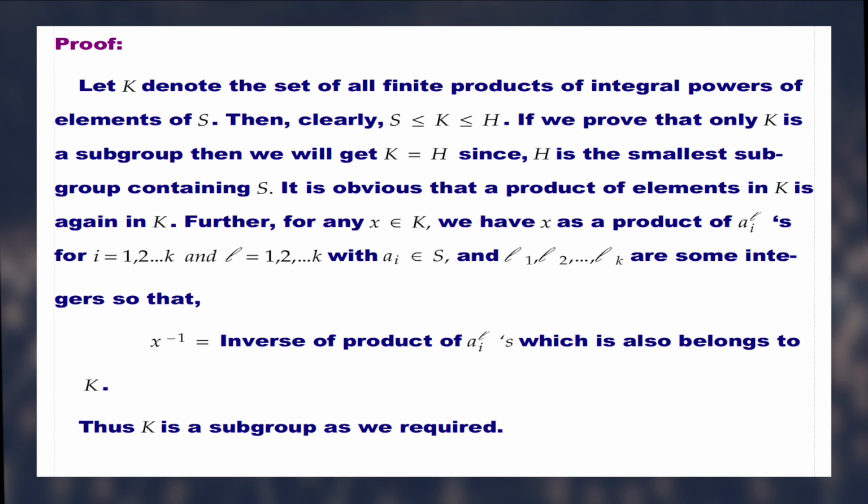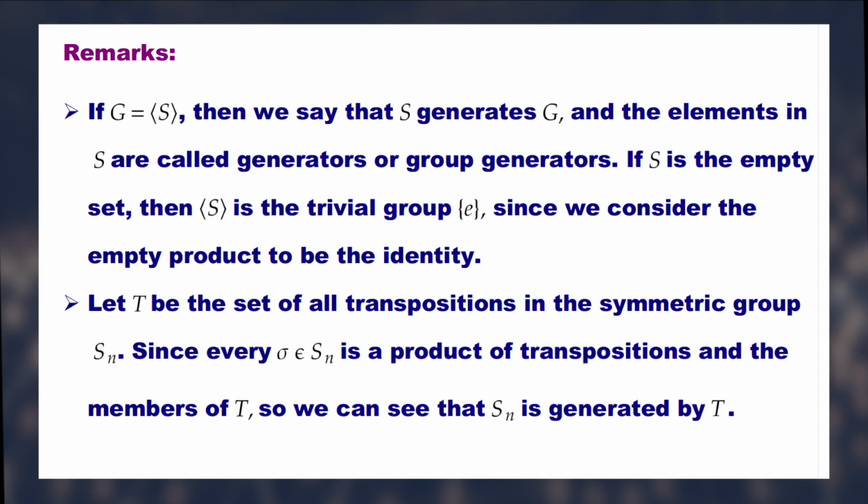Let us see the remarks. If G is the group generated by S, then we say that S generates G, and the elements in S are called generators or group generators. If S is the empty set, then the generated group is the trivial group, the identity, since we consider the empty product to be the identity.